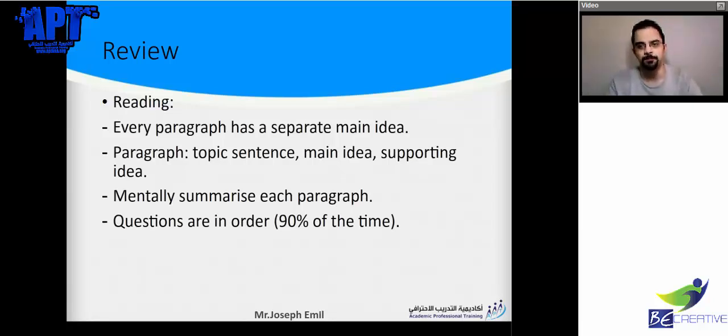Of course, there are supporting ideas with this main idea. These supporting ideas may come in the form of examples or explanations, maybe paraphrasing. They are rephrasing their idea so that it is clearer for the reader.